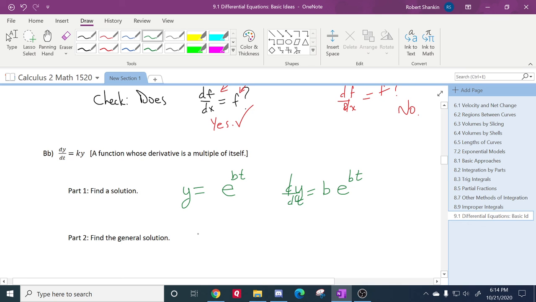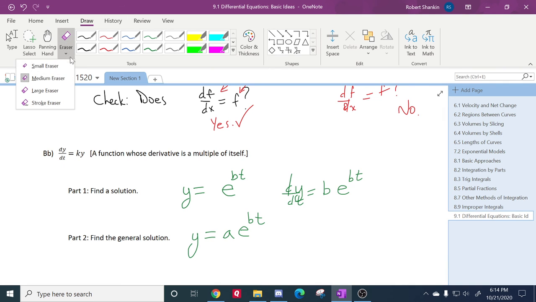Now, you had suggested, and what's your name? This is Rowan. Rowan, you'd suggested a e to the b t, and if you're going to put another constant in here, let's do it this way this time.